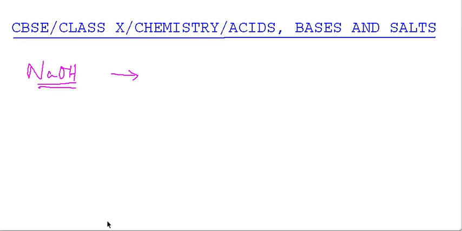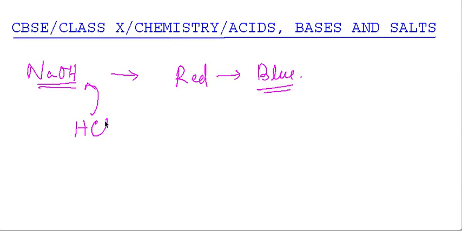Then what do we observe? When you add any red litmus paper, it turns into blue. Alright, so red turns to blue. Now you slowly keep on adding a little by little HCl solution to it and repeatedly test with red litmus paper.